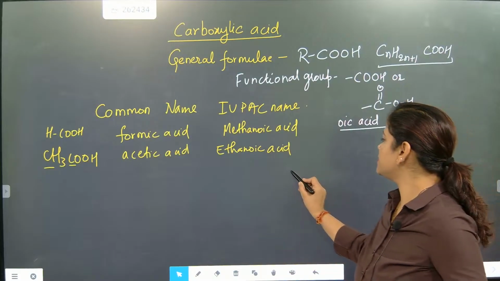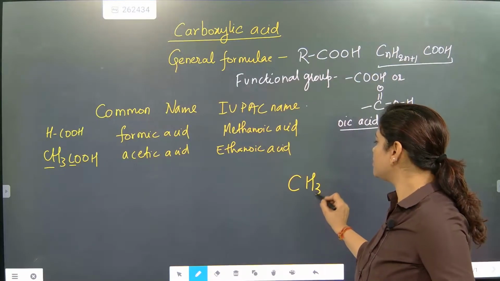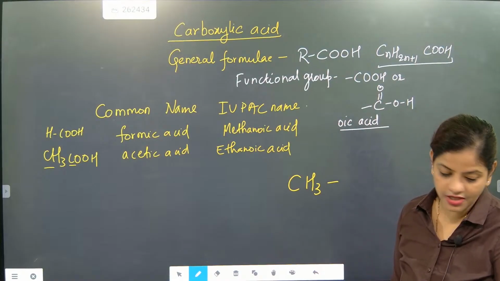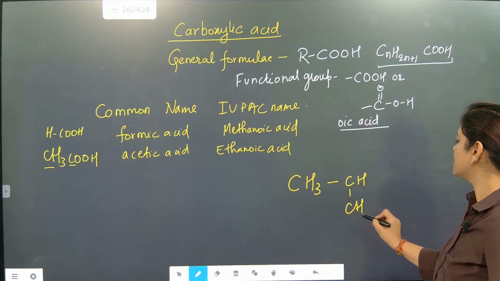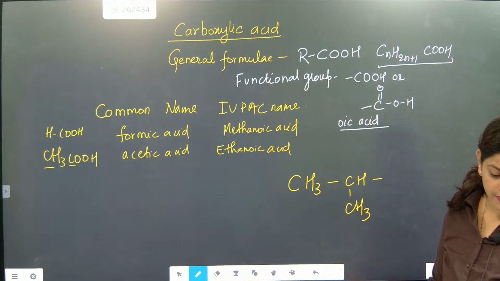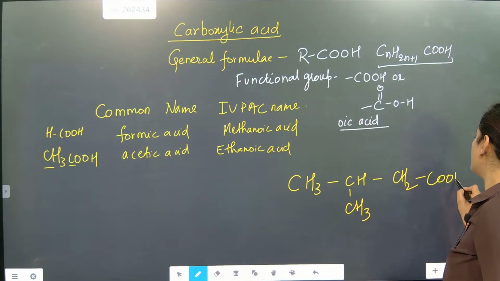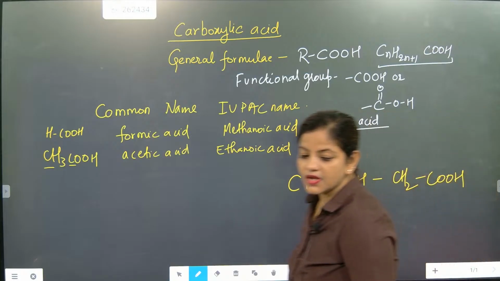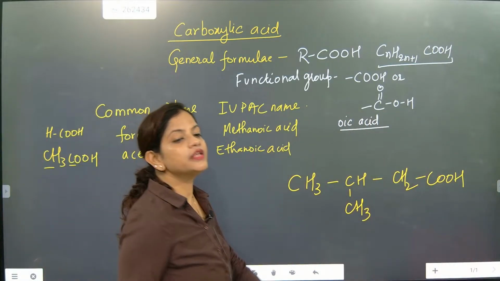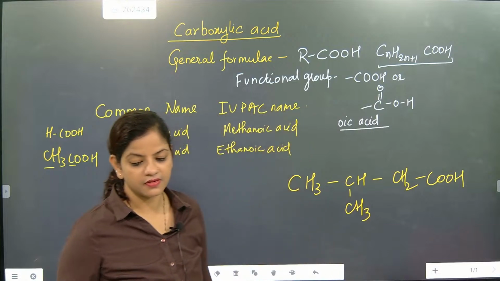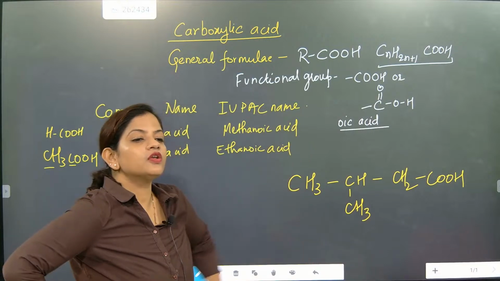Now look here, CH3, CH, CH3, CH2, COOH. So if a situation like this is there, how are we going to proceed? Now look here, how are we going to proceed?